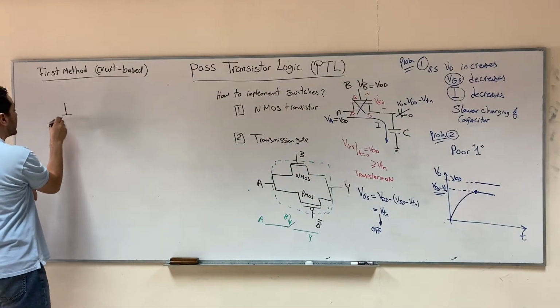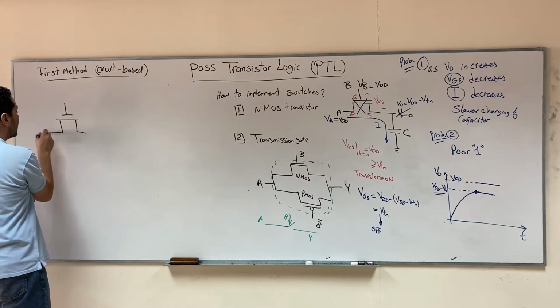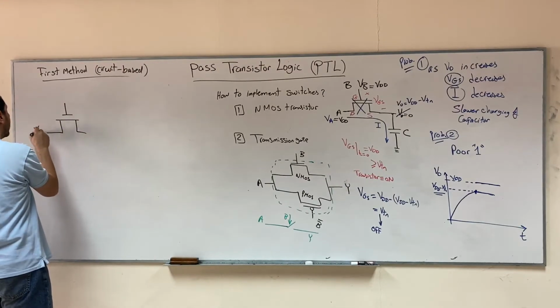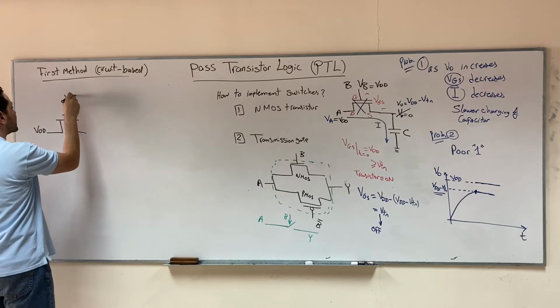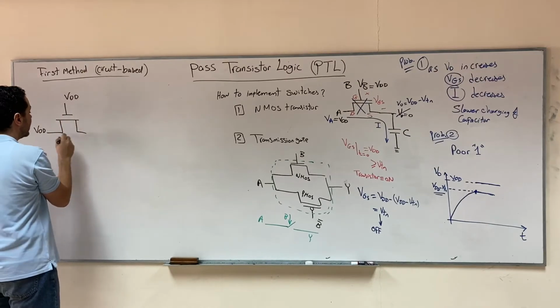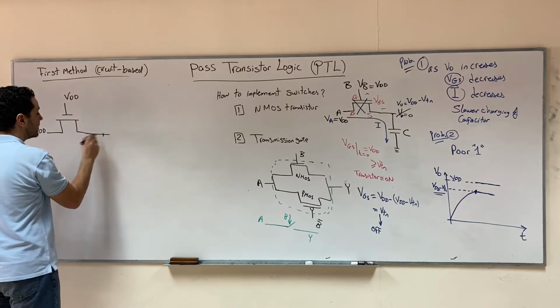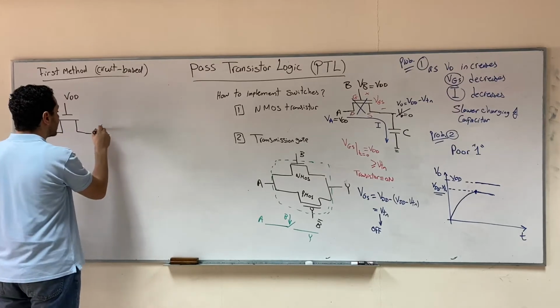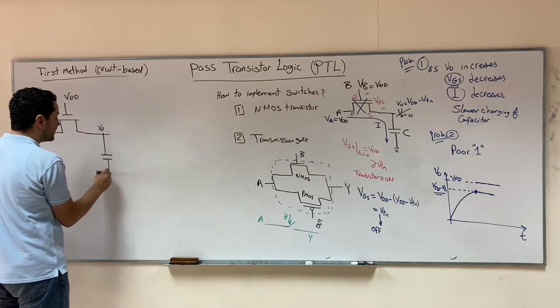So if this is our switch, and we connect here high, and for the second input we connect high, then this is the output. This is the capacitance.